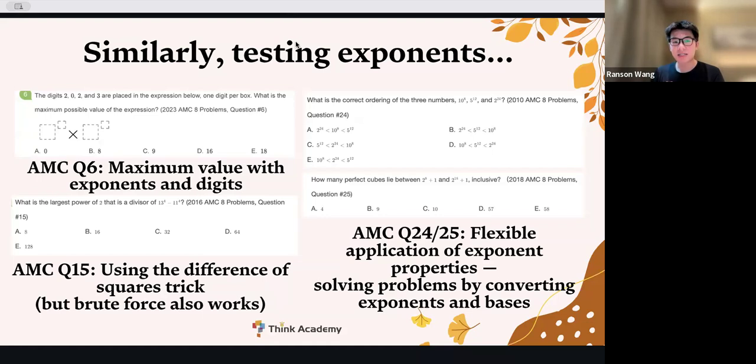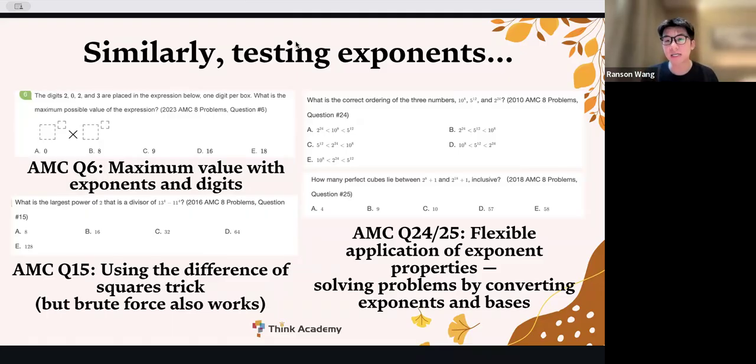As you can see here, it requires more than one type of method or knowledge point to solve it. And if it's the hard questions testing exponents, it's really the flexible application of the exponent properties. So you are going to solve this problem by converting the exponents and the bases freely. So you will need to know how to convert them.